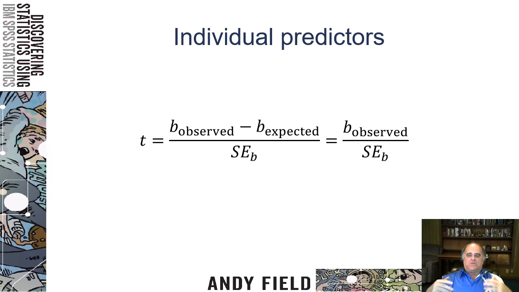So if you remember your math from grade school, a number minus 0 is simply the number. So B observed minus 0 is B observed. So our t is going to be equal to B observed over the standard error of B. And that's going to give us our significance test for our individual predictors.